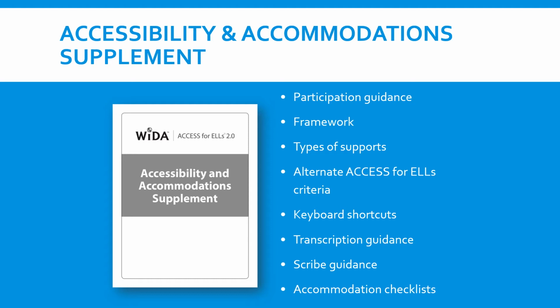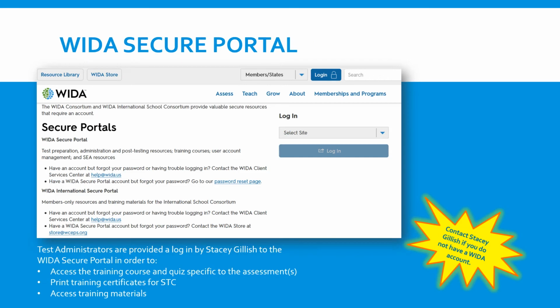The information provided in the supplement applies to all ELs who take Access for ELs 2.0 online, Kindergarten Access for ELs, and Alternate Access for ELs. The accessibility features and accommodations specified and described in the supplement are recommendations only and do not replace or amend state policies.